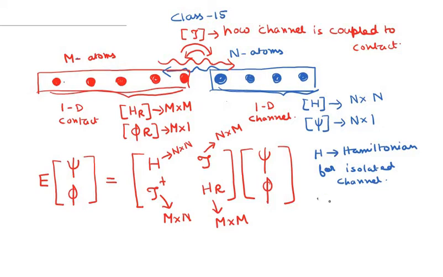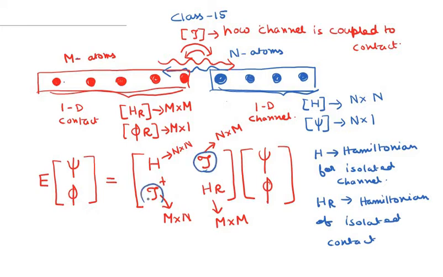HR is the Hamiltonian of the isolated contact. And tau and tau dagger are the coupling matrices which couple the channel with the contact and the contact with the channel respectively.